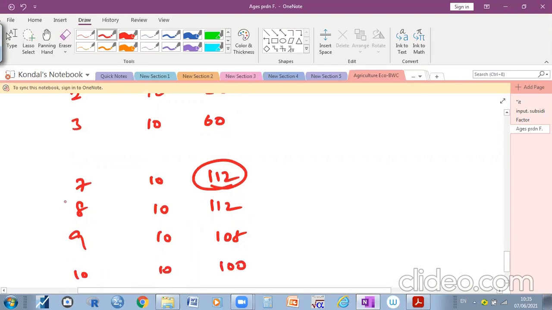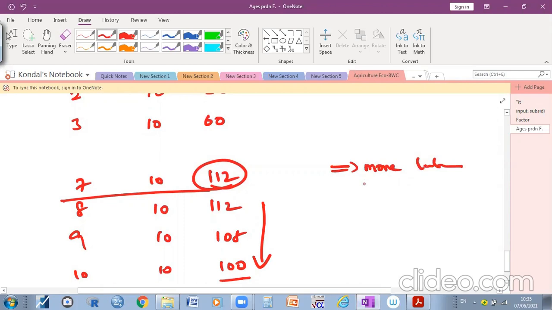Why has it reduced from 112 to 100? Generally, when we are employing more laborers in the agriculture field, they will talk to each other. When there are fewer laborers, they cannot talk as much. So when you increase the labors, the output will decrease. When they are discussing something, they cannot concentrate on work.